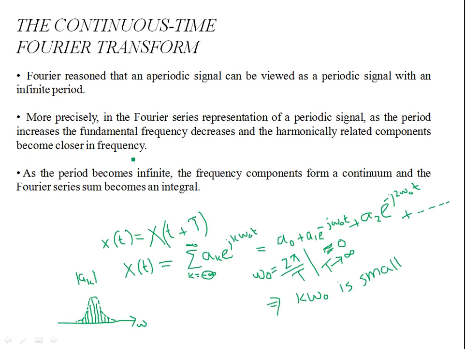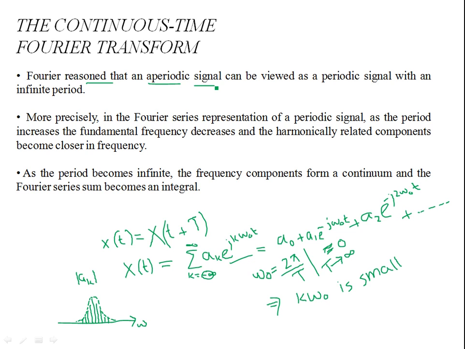What Fourier reasoned was this: we have already discussed how we can represent a periodic signal in terms of Fourier series expansion, in terms of harmonically related complex exponentials. What about aperiodic signals? There exists another broad class of signals which are not periodic, which are aperiodic, with finite durations.